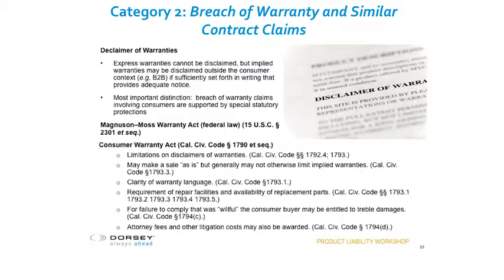This can include treble damages. So you take the amount of damages that are allowed under the contract and multiply it by 3 for a willful violation. And of course, attorney fees.